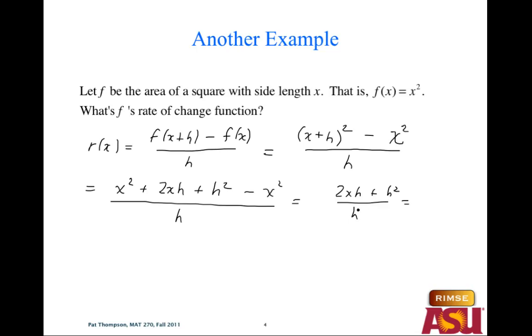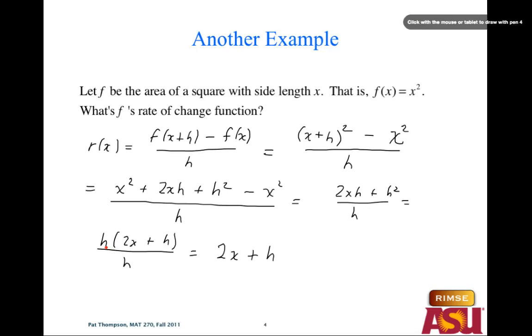And now every term has an h, so we can factor it out. We get 2x plus h. h over h is 1, so it goes away.